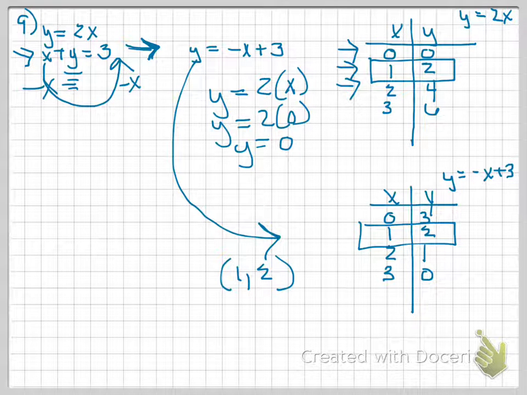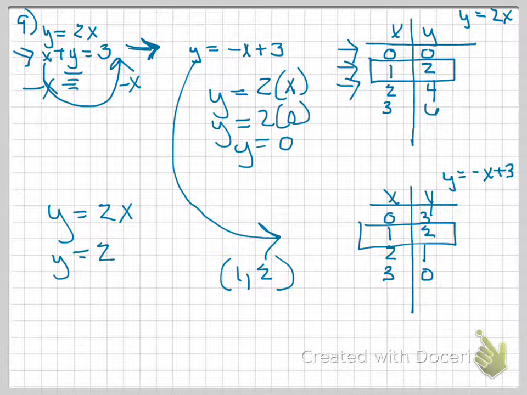So we'll just double check and plug that into the equation, which we really don't have to do because we've already done that, but just for our example. So y equals 2x, x is 1. Y is 2.